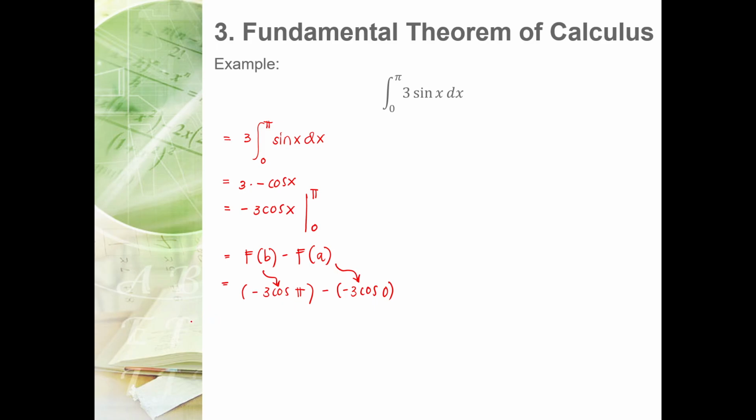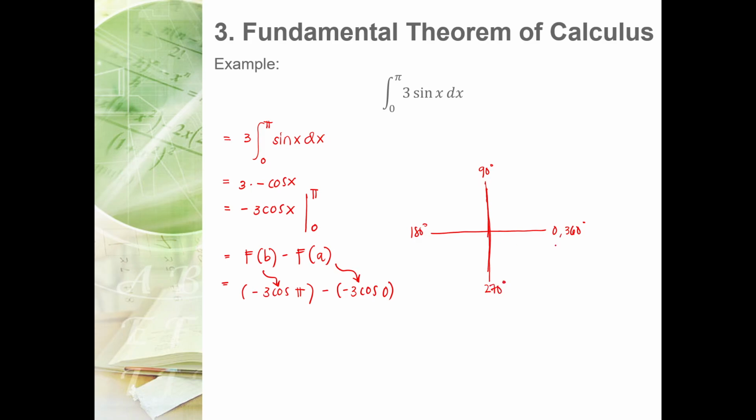Since we don't have any calculator, we cannot determine the value of cosine pi. So if you have learned your quadrantal angles, you know the shortcut for the values of your quadrantal angles in your trigonometric functions. If you try to draw the coordinate system, quadrantal angles are your angles in the axis, so 0 or 360 degrees, then 90 degrees, then 180 degrees, then 270 degrees.